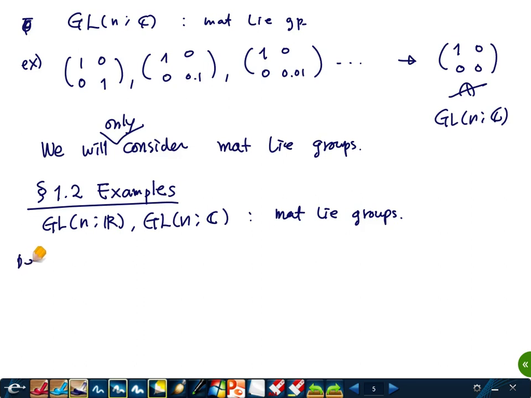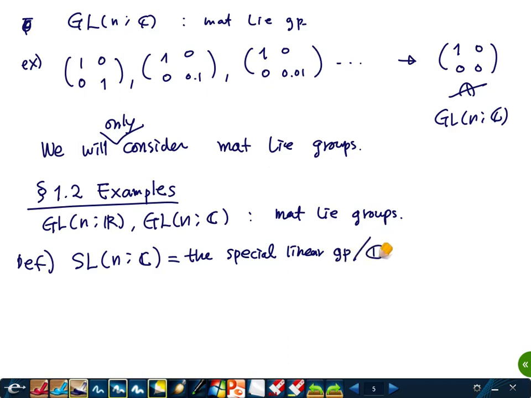By definition, SL_n(C) is called the special linear group over C. It is the set of invertible matrices, so it's in GL_n(C), whose determinants are 1.